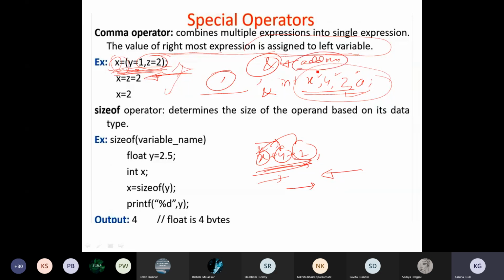When to use this, I'll talk about once I begin the second module. But just remember, this is one special operator that is available, like comma. It is termed the and operator, or address operator. Is that clear? Just remember, we don't use it right now.